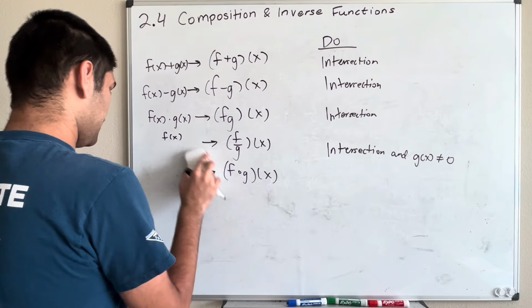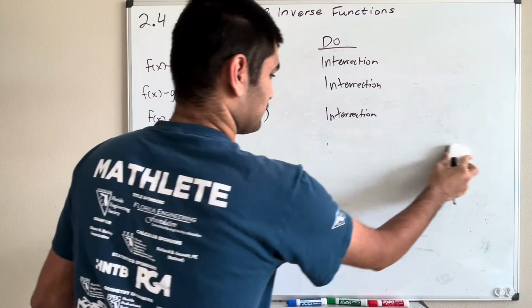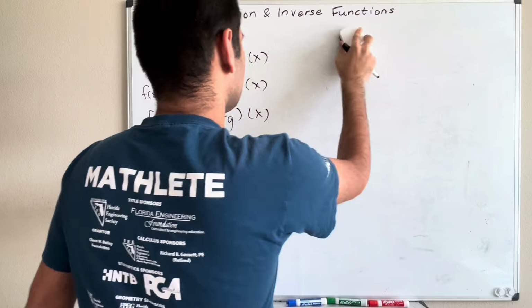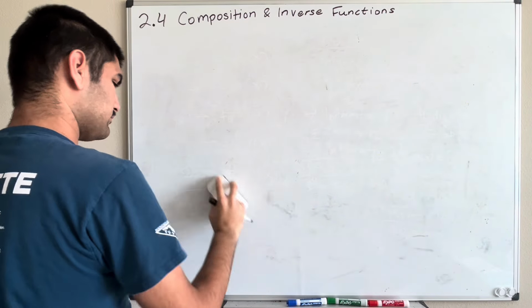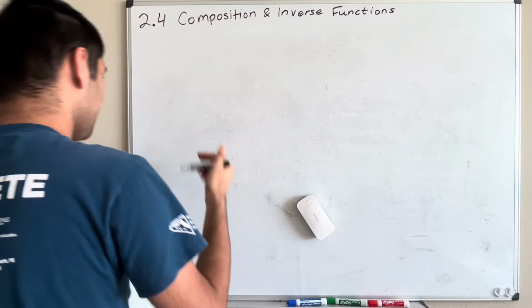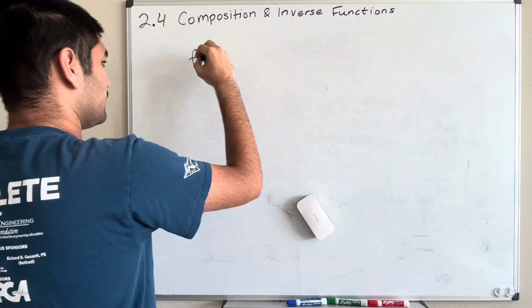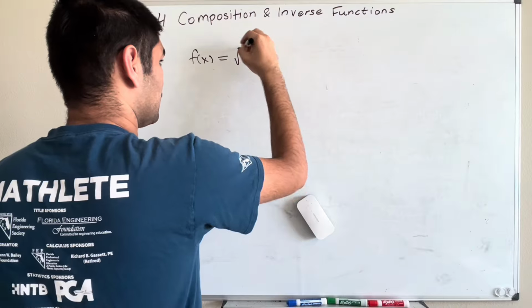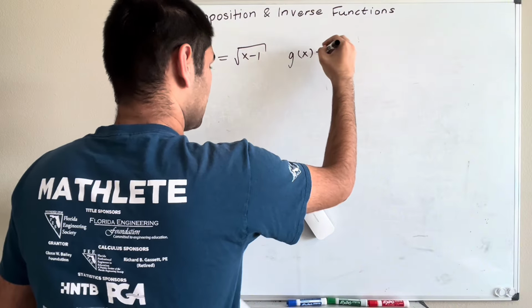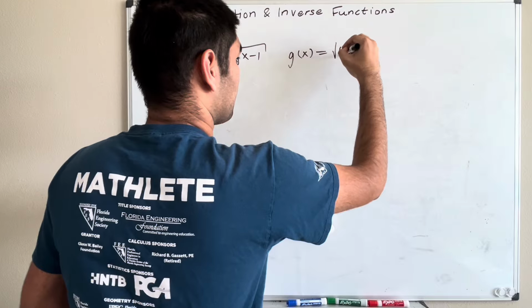Let's do some examples. Let's say I gave you two functions, f of x equals the square root of x minus 1, and g of x equals the square root of 4 minus x.